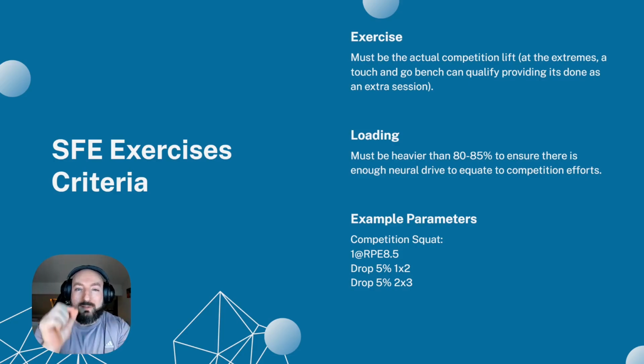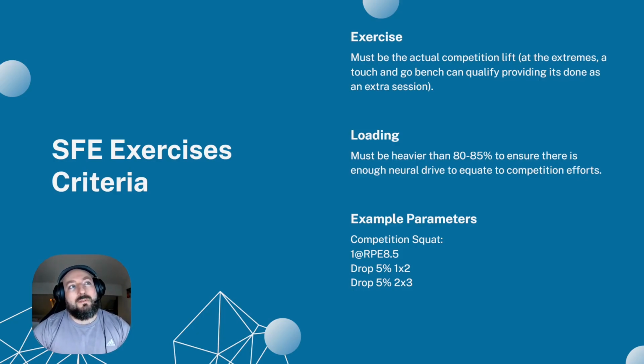Not only that, being a powerlifter, having two lower body movements, squat and deadlift, and two upper body movements, competition bench press and touch and go bench press, sort of balances things out and makes everything a little bit more redistributable and balanced in terms of loading between upper and lower body.